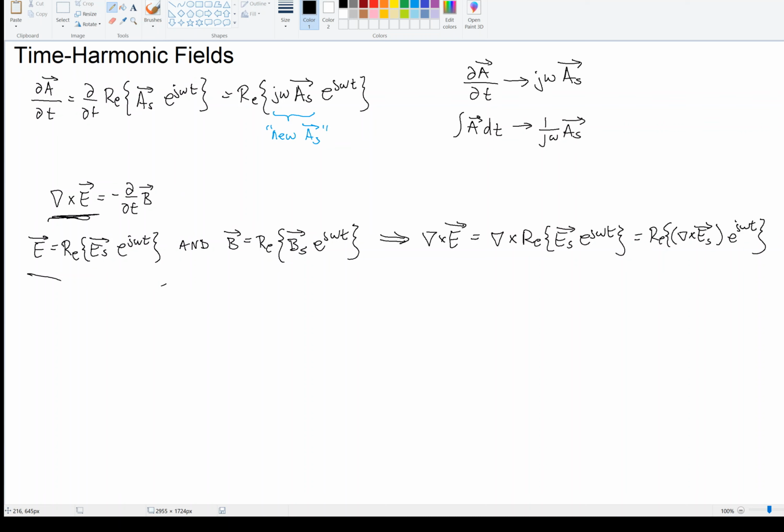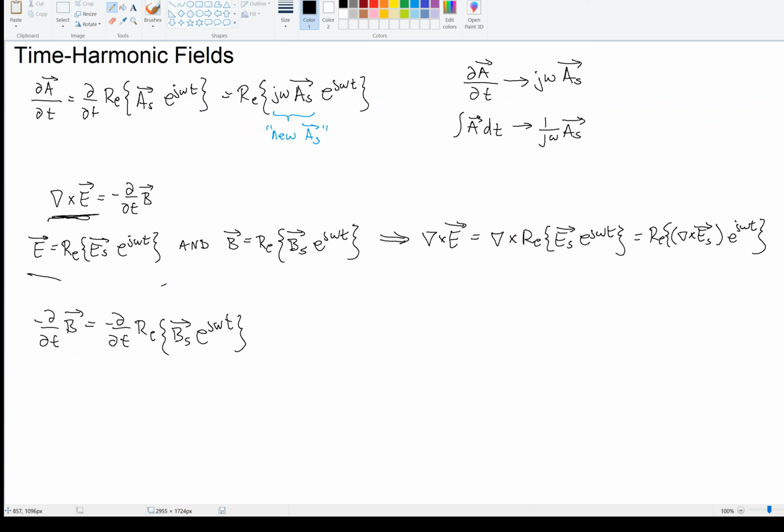Now let's look at the right-hand side, the time derivative of B. So the negative time derivative to be precise, is the negative time derivative of the real part of some phasor times e to the j omega t, right?